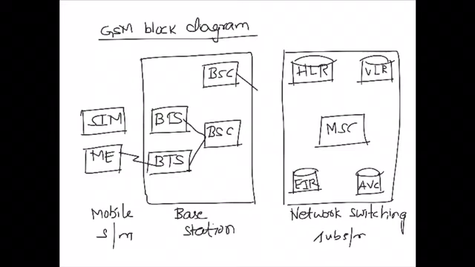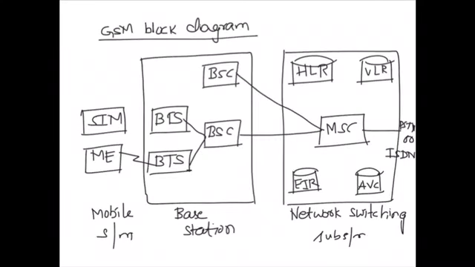Like this we have got blocks in this network switching subsystem, which in turn is being connected to the PSTN or ISDN. Now let us see what each block in this GSM block diagram represents.